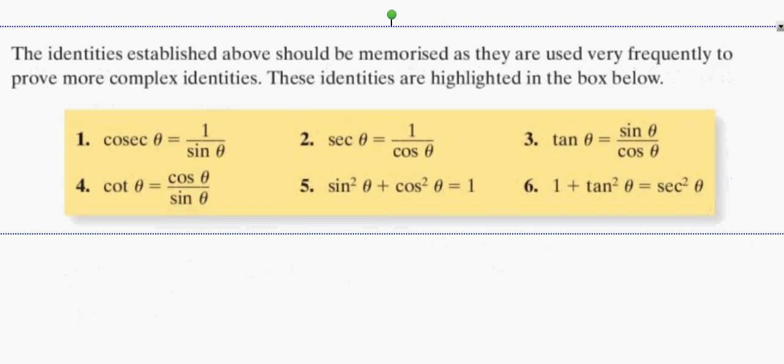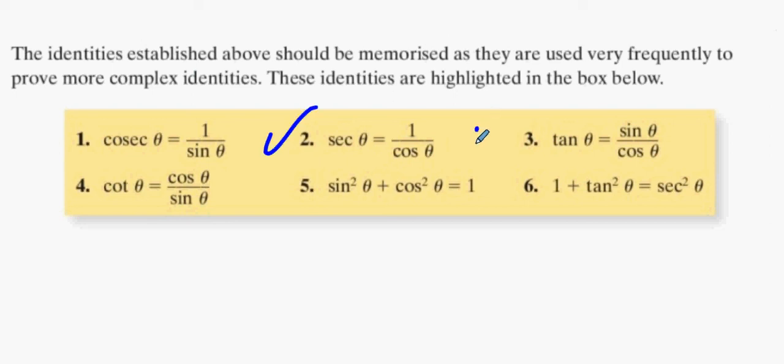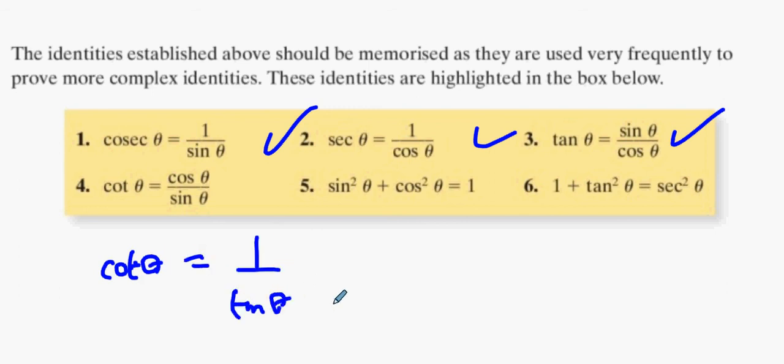Now, we've established that one, we've proved that one. Now, once again, if you go back to the start, cotan theta is 1 over tan theta. Tan theta is sine theta over cos theta, so it's 1 divided by sine theta over cos theta.